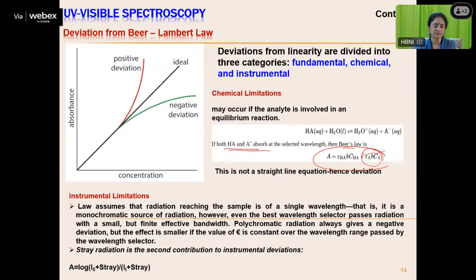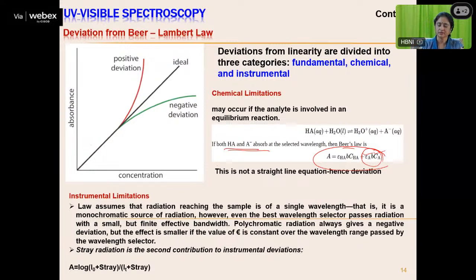Now, the instrumental limitation, what is that? The law assumes that radiation reaching the sample is of a single wavelength, that is, a monochromatic source of radiation, because you must remember the definition of Beer-Lambert's law: when a monochromatic radiation passes through the sample. It is not actually monochromatic, because whatever the best monochromator you use, it can select a few wavelengths, not a single wavelength.